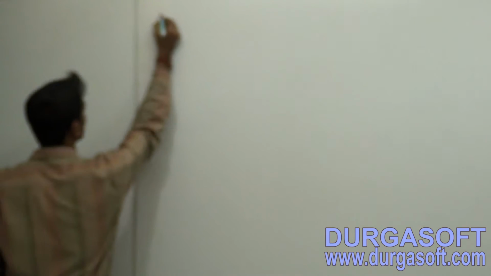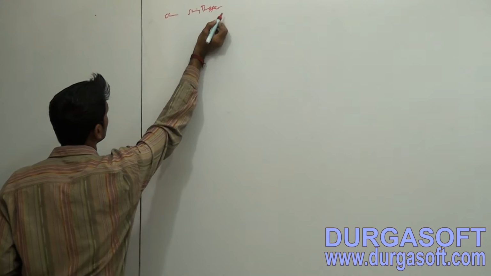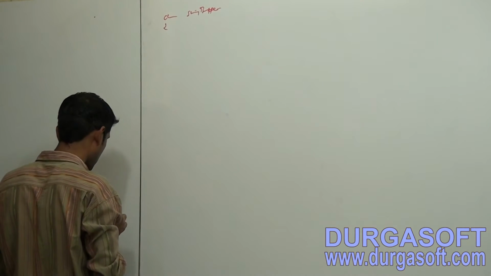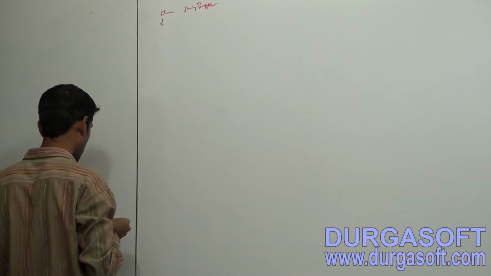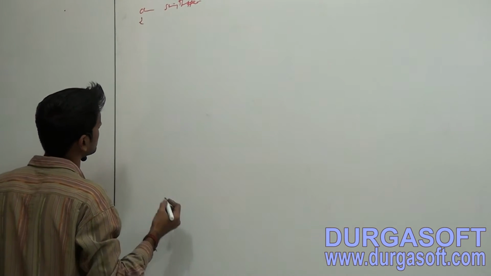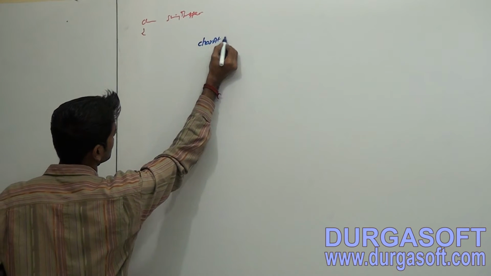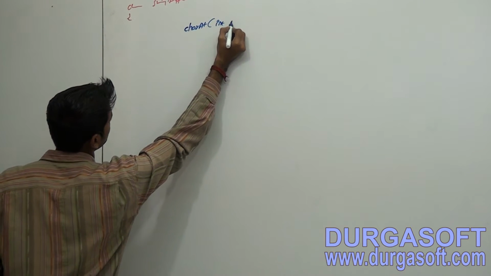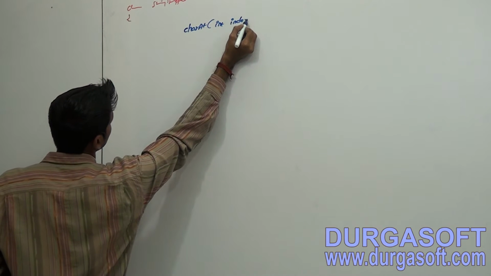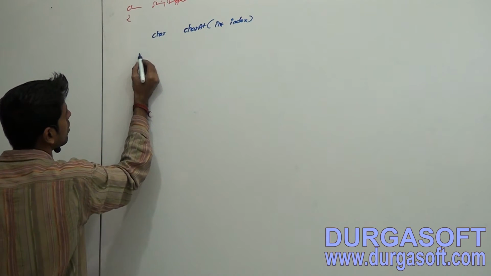String class, StringBuffer class. Within the StringBuffer class we have a method called charAt. As an argument we have to pass an int which represents the index.